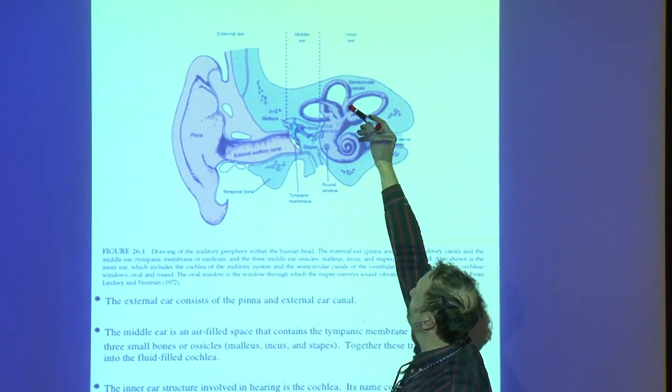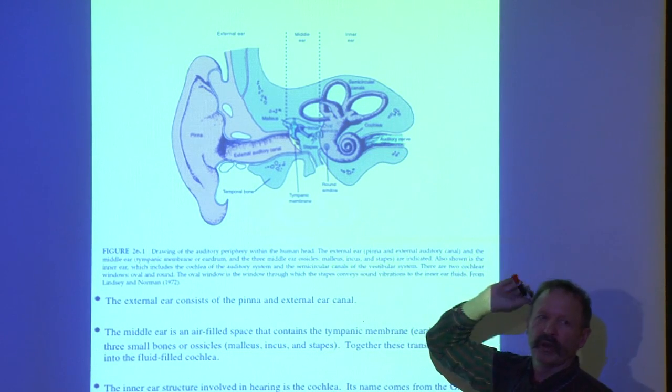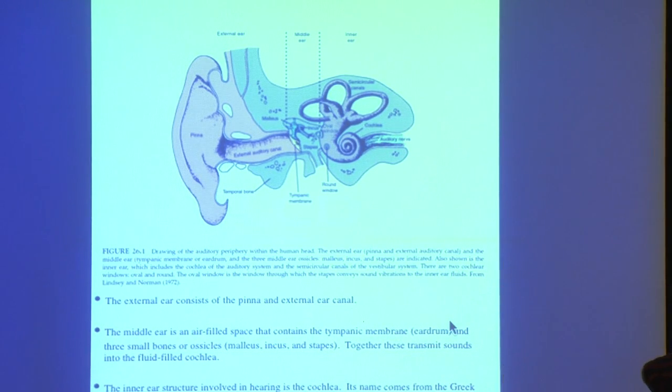These loops here are part of the inner ear, but they're a part that is sensitive to vestibular sensation. So those loops are called the semicircular canals.